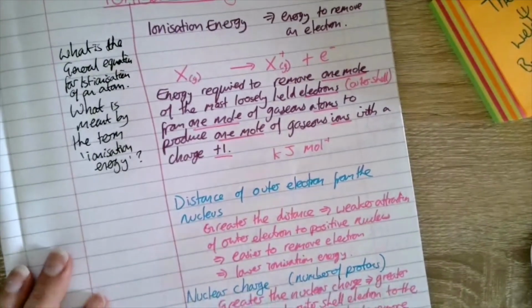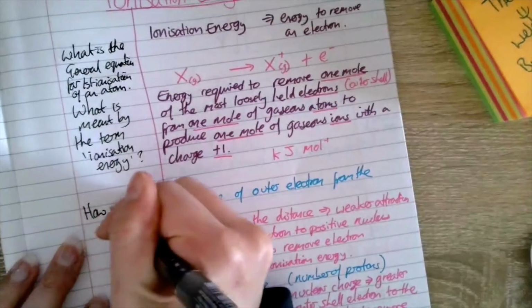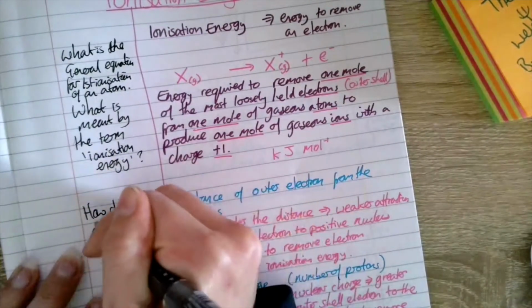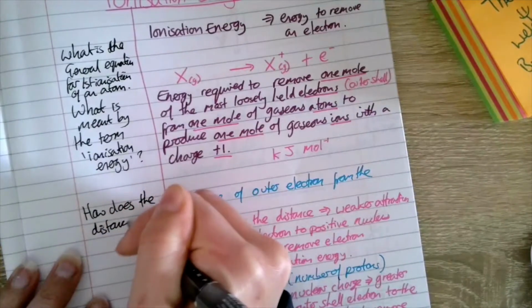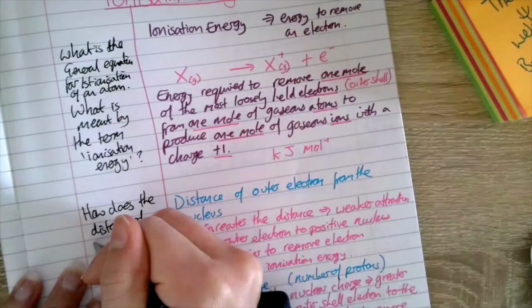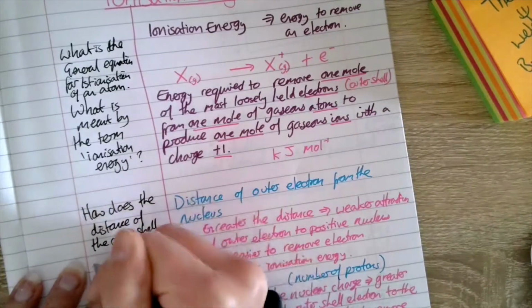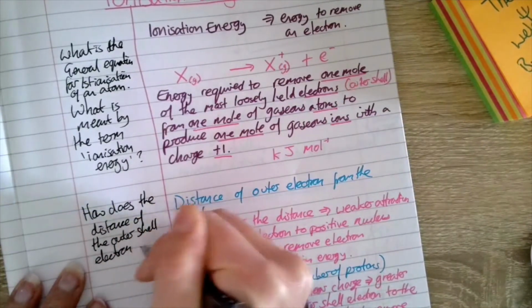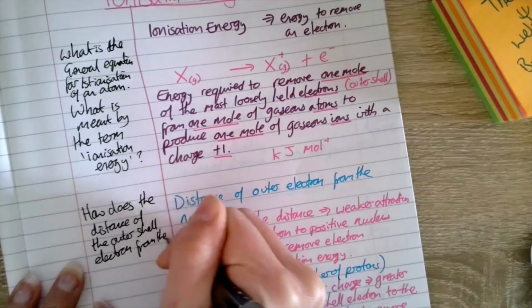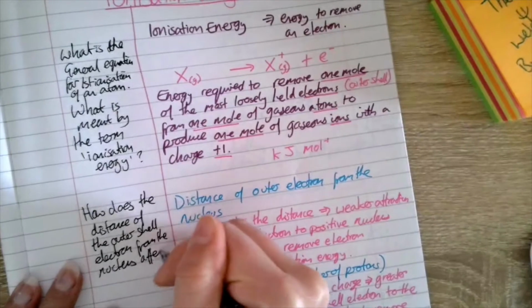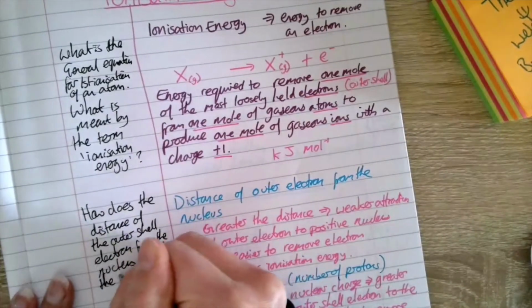Then we've looked at how the distance of the outer shell electron from the nucleus affects the ionization energy.